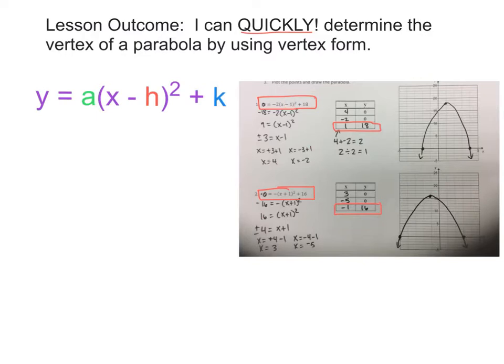There's a 1 right here, and there's an 18 right here. Same thing here, this negative 1 and 16. Well, there's a 1 right here. Now this is positive 1 and this is negative 1, just like this was negative 1 and this is positive 1. We'll talk about that in a second. And then 16. Okay? So that is how we are going to quickly determine the vertex of our parabola.